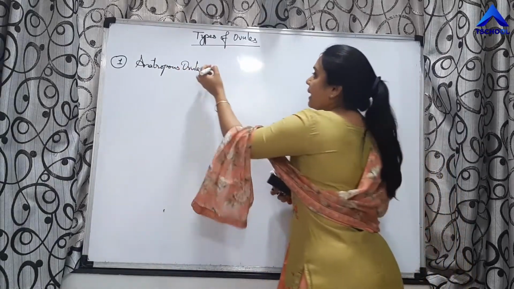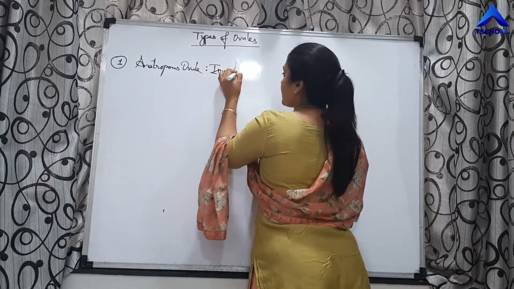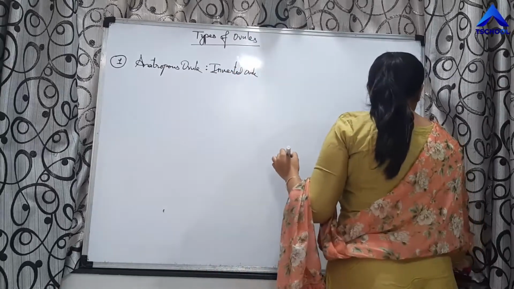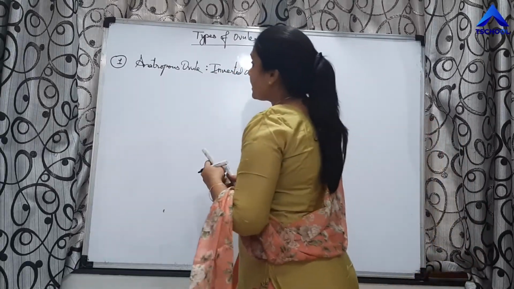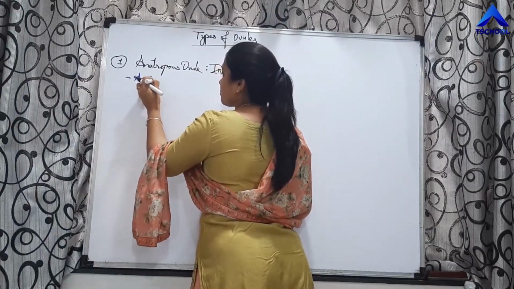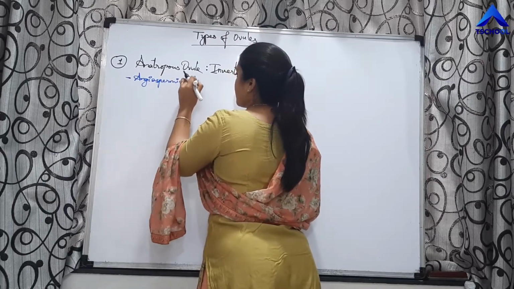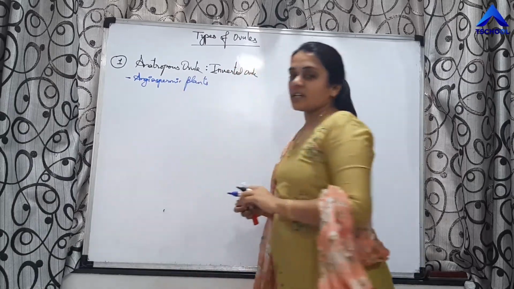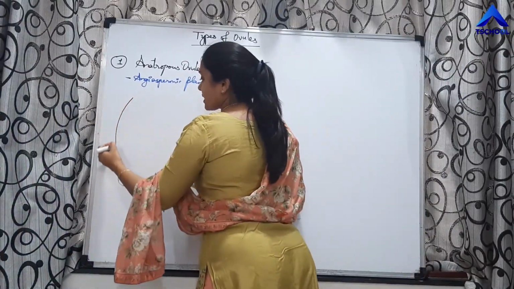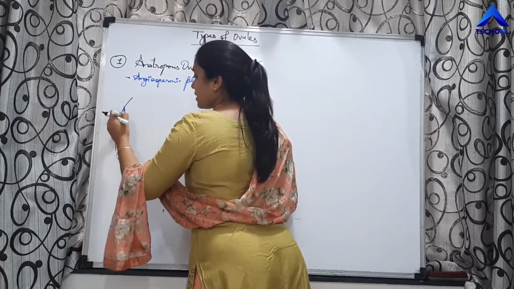Anatropous ovule. The anatropous ovule is also an inverted ovule. This anatropous ovule is commonly seen in angiospermic plants. We have studied the structure of this ovule also. We know that the ovule is connected with the wall of the ovary by a tissue.